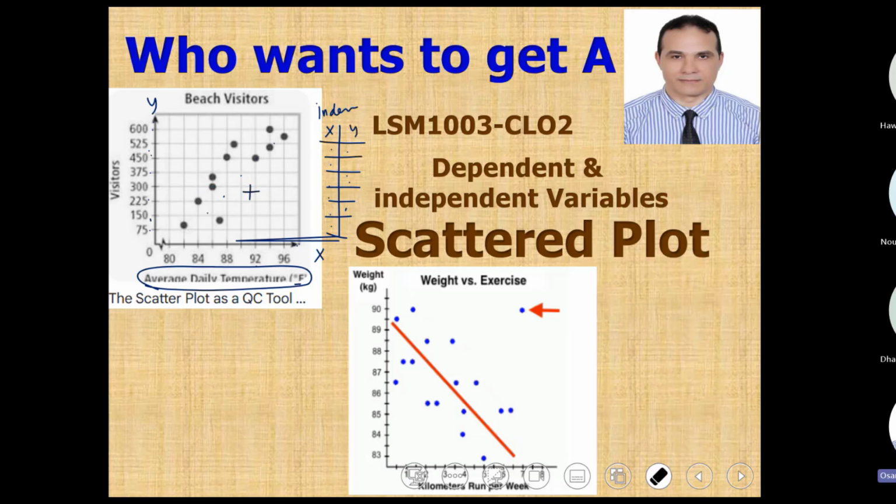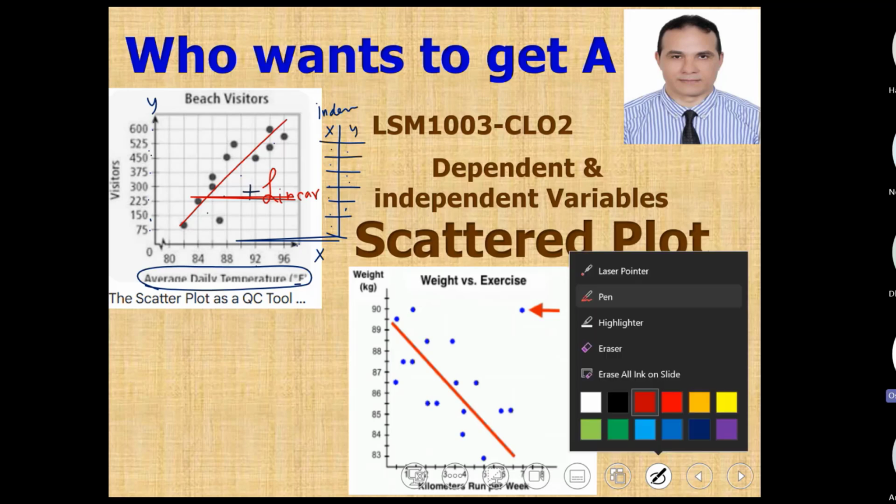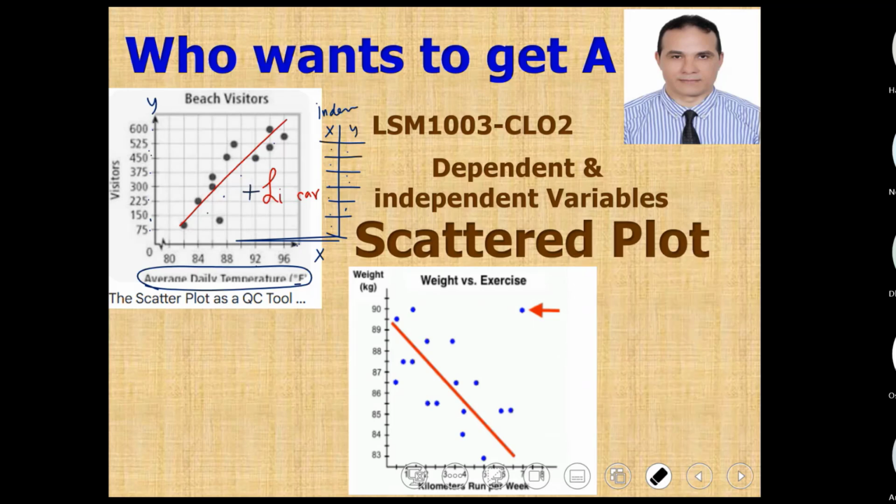Positive linear relation, roughly, because we are going roughly along a line, right? So here we have a positive linear relation, but in this one we have a negative linear relation. Negative when you are going down from left to right, and positive when you are going up from left to right.